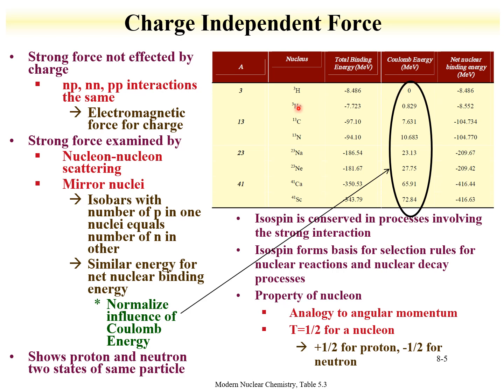For the other nuclei, we have Coulomb energies that are calculated based upon the number of protons in the nuclei. And what this shows, if we take the total binding energy and compare it with the Coulomb energy, is that the net nuclear binding energy is very similar based upon the total number of nucleons in a given nucleus. And this can be used to show that protons and neutrons can be considered two states of the same particle.